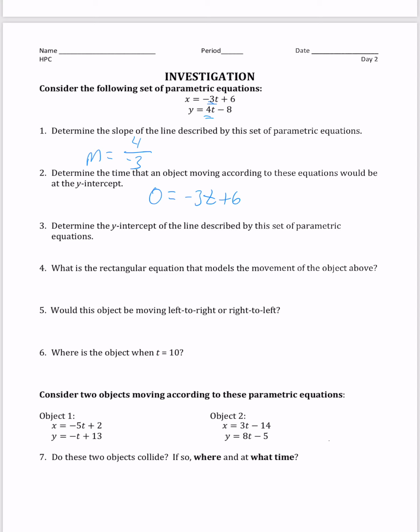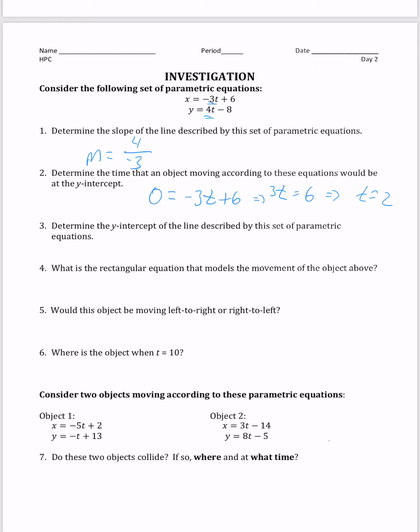And then, of course, if we add 3t to both sides and then divide both sides by 3, we get that t equals 2.